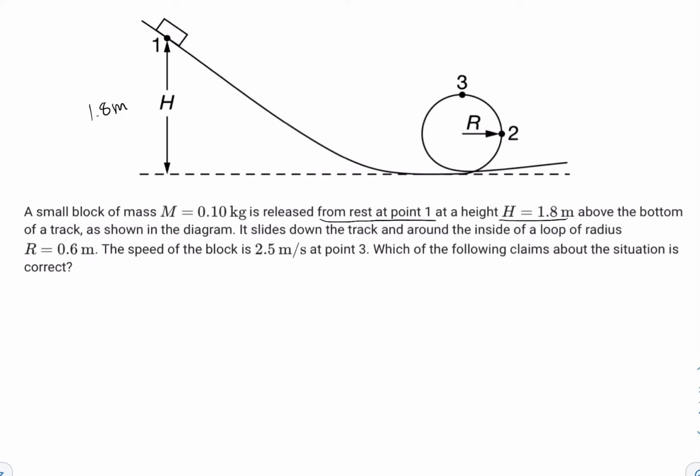So the energy at point 1 is equal to, and recall that the formula for the gravitational potential energy is mgh, and we're going to say at point 1, so h1, which is equal to 0.1 times gravity, we'll use 10, times 1.8, so that we get 1.8 joules. That's the total mechanical energy.